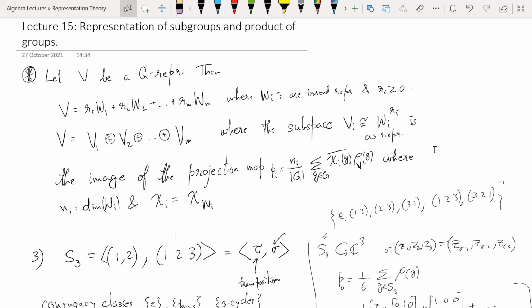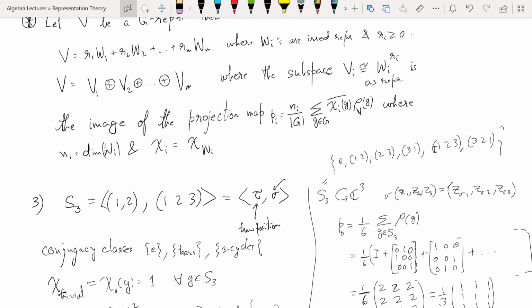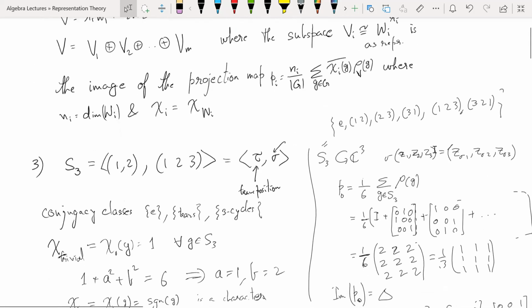And so I told you we'll do one example of how to use it to get these Vi's. So I thought, since we were discussing this example, let's just do this itself. So this S3 example. We saw S3 is generated by two elements. S3 has three conjugacy classes: identity, transpositions, and three cycles.